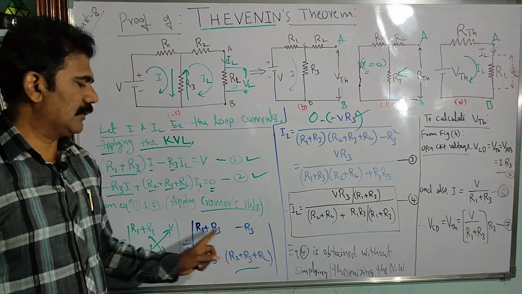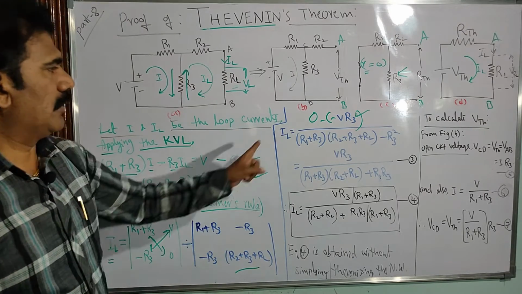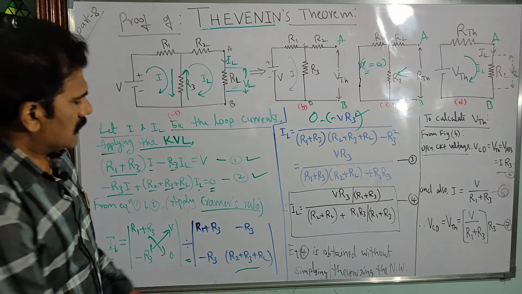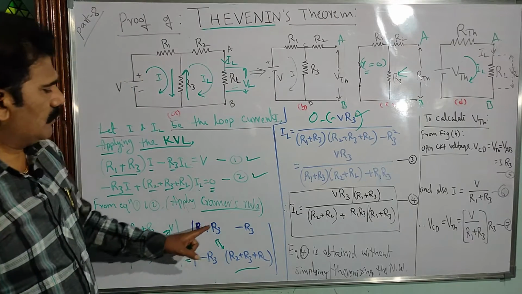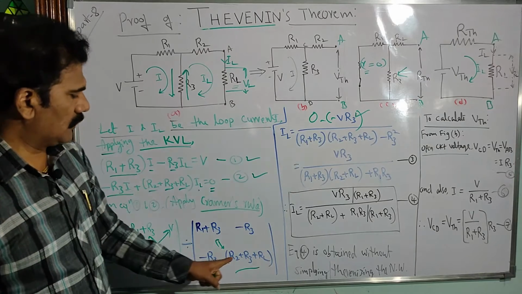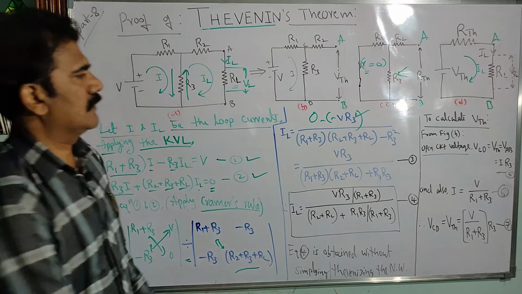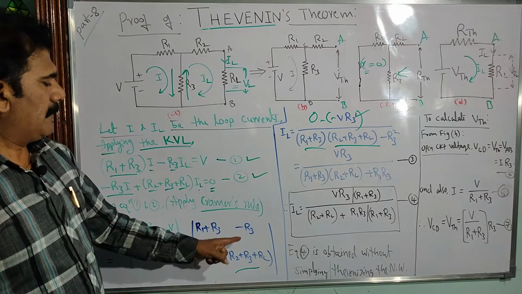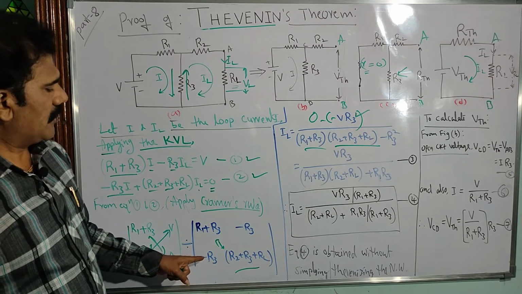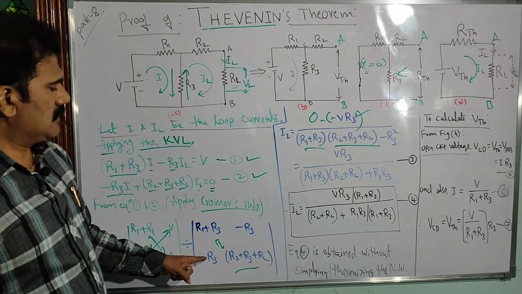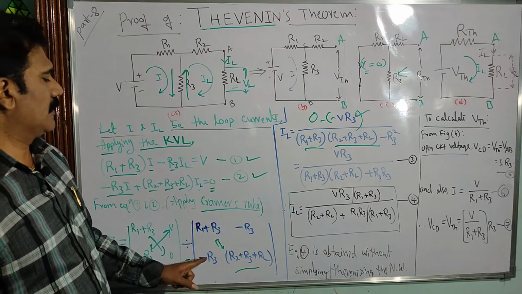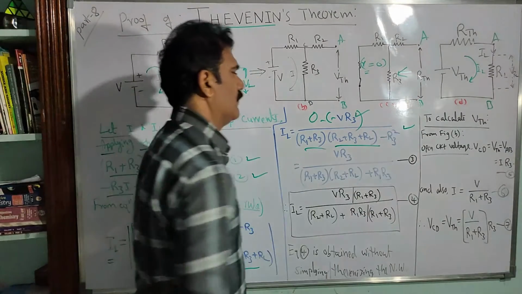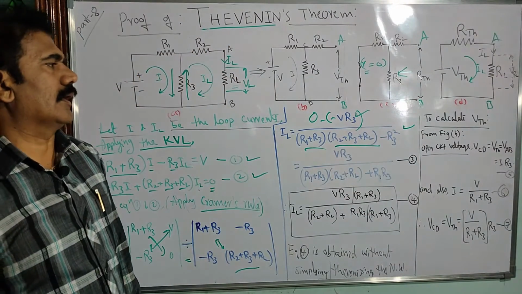What about the denominator by cross multiplication? By cross multiplication, R1 plus R3 into R2 plus R3 plus RL, just multiply these 2. Then here minus into minus is again plus, and with the minus sign you get R3 into R3, so minus R3 square.